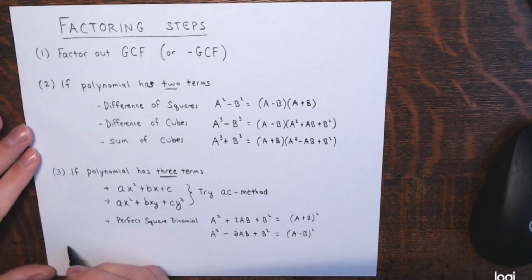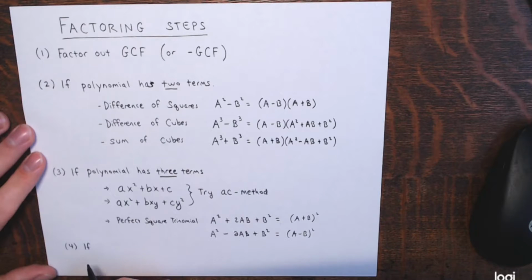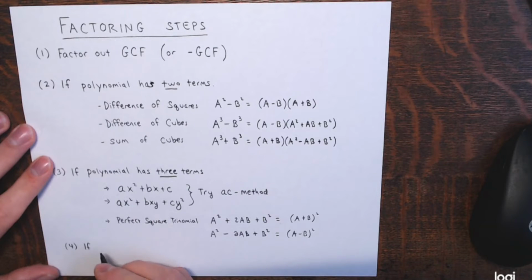And the final thing here is if the polynomial has four or more terms, but usually we'll just see four terms, right? In the previous sections, we've only worked with polynomials with four terms as the highest amount of terms.